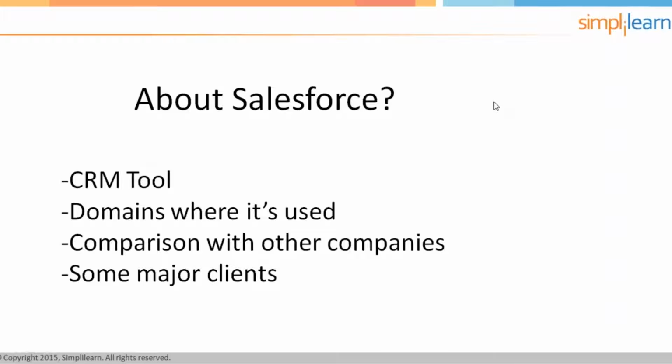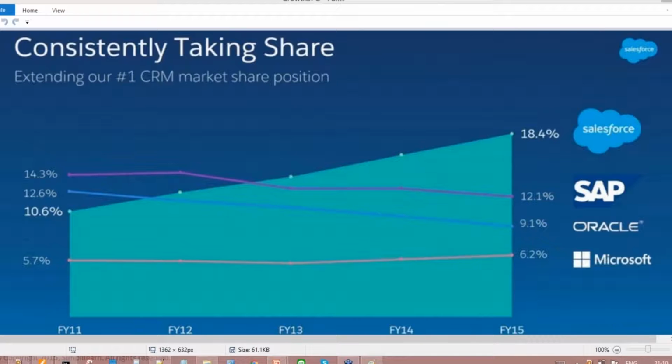If you understand this slide very well, it will be very easy to understand where the market is going, and you can make a good decision for your career. See, this is the recent survey released by one of the very famous agencies in the market, Gartner. You might have heard this name plenty of times.